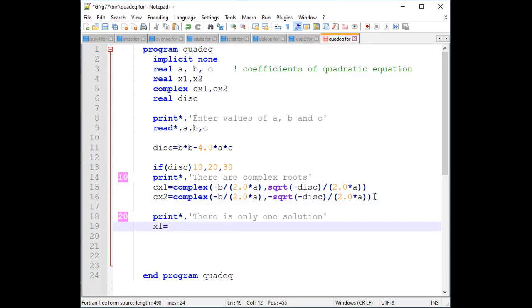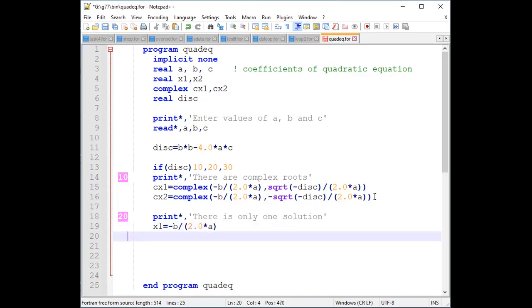We would say x1 would be equal to minus b divided by 2.0 asterisk a, right? And let's print the value. Asterisk, the only one solution is x1.